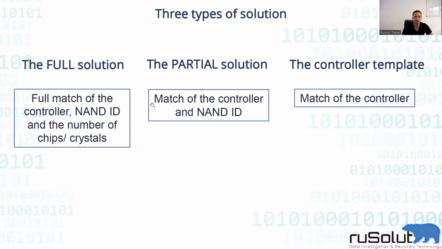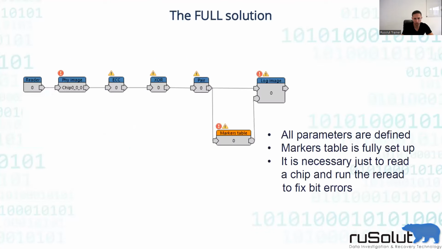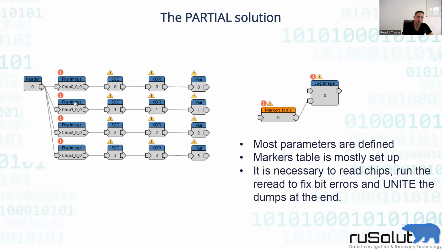If, let's say, we got some device with 1 memory chip, and then you got one with 4 memory chips, then the database will offer you a partial solution. So it will look like, yeah, that's the full solution, and the partial solution will look like this.